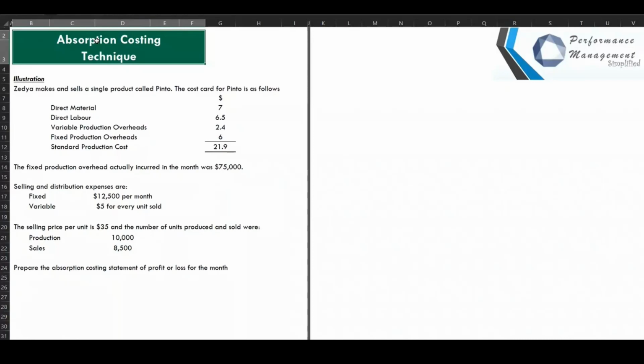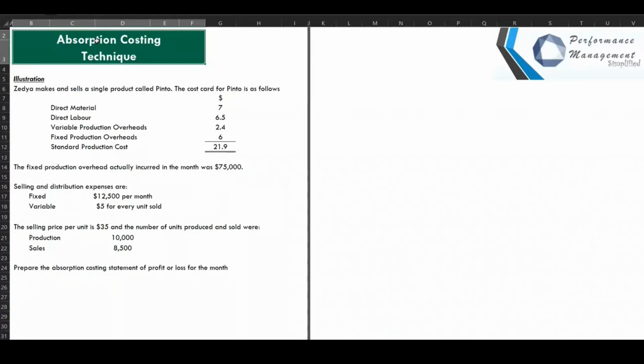Selling and distribution expenses are fixed, 12,500 per month, variable 5 for every unit sold. The selling price per unit is $35, and the number of units produced and sold were production 10,000 units, sales 8,500 units. Prepare the absorption costing statement of profit or loss for the month.